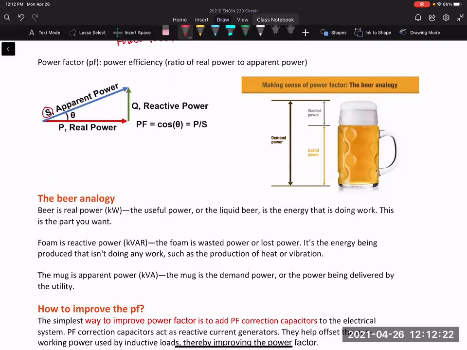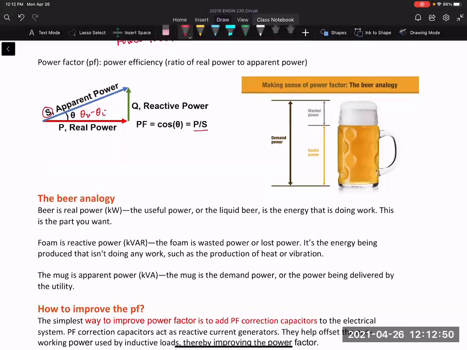The angle between is theta v minus theta I. And we try to make theta v minus theta I equal to 0. That will give you the maximum power, which is actually the ratio between P over S. That is the cosine theta, which is the cosine of the angle difference.